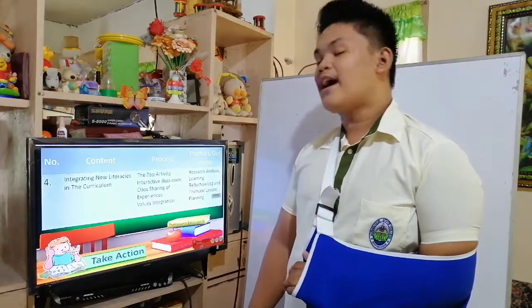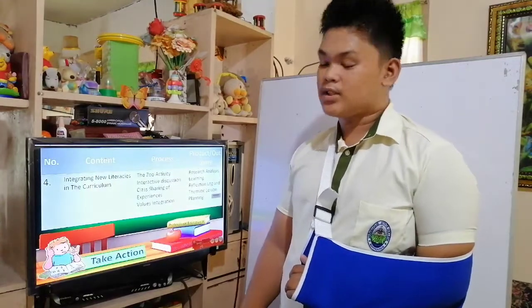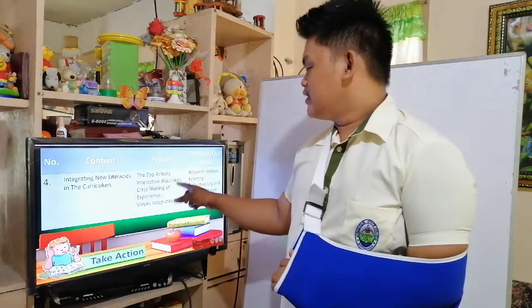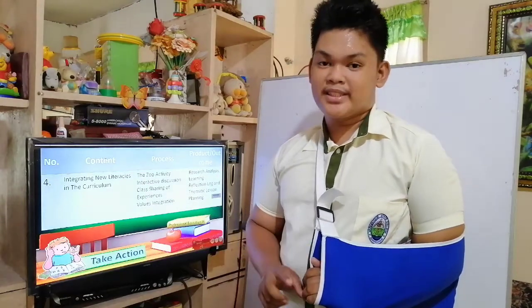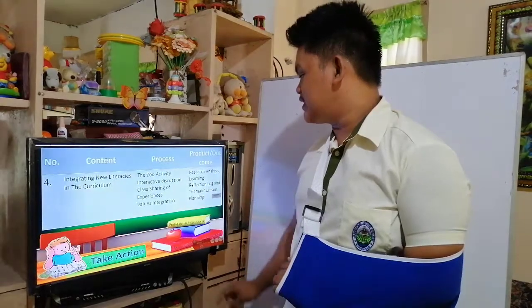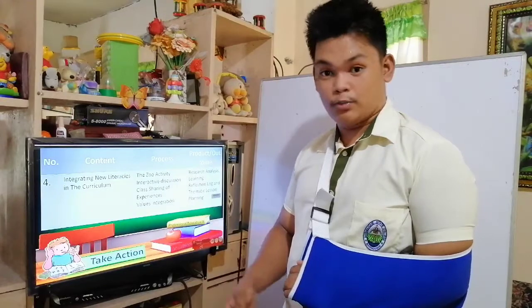Proceeding to number 4, we have integrating new literacies in the curriculum. For the process, we have the SU activity, interactive discussion, class sharing of experiences, and values integration. And we expect to have research analysis, learning reflection log, and thematic lesson planning as an output.